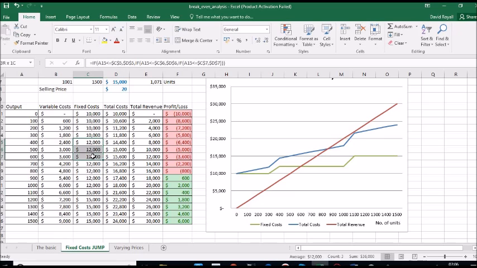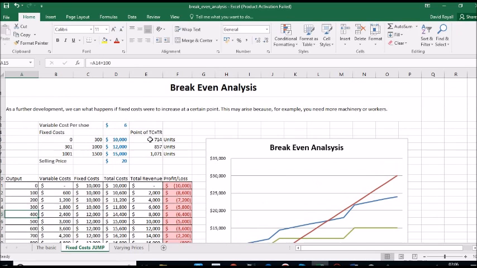So here I've increased fixed costs to 12,000 once we reach a certain output. So I've got 3 points now of fixed costs. 0 to 300, 10,000, and so on, 12, 15. So you now have different break-even points.